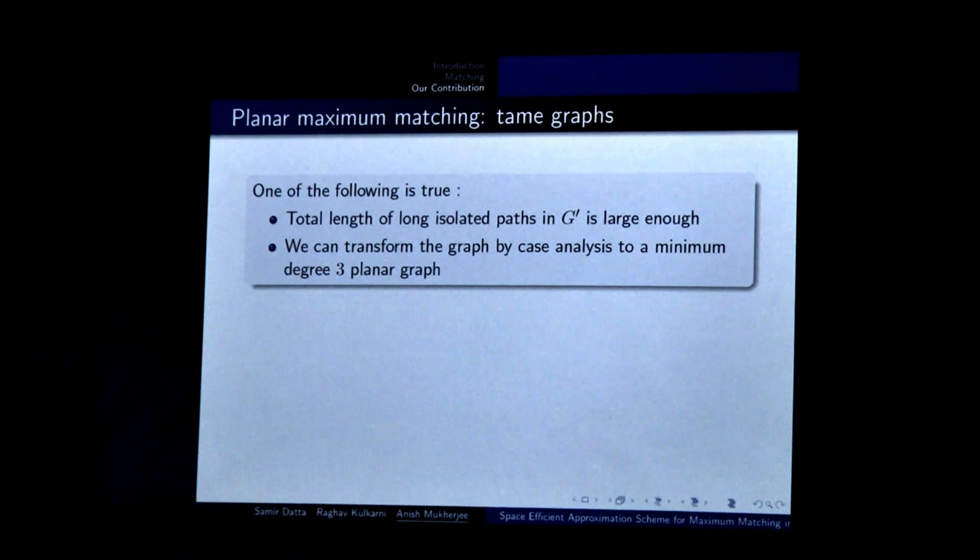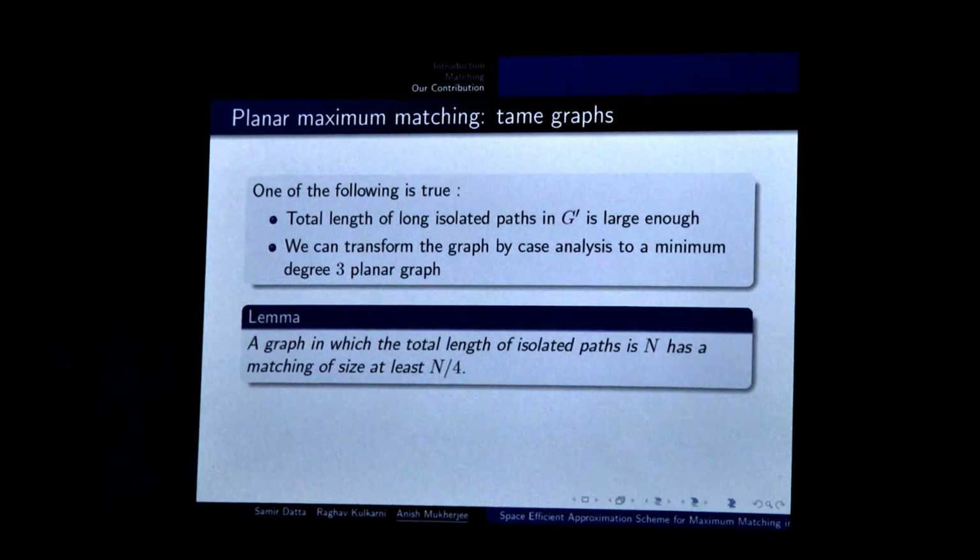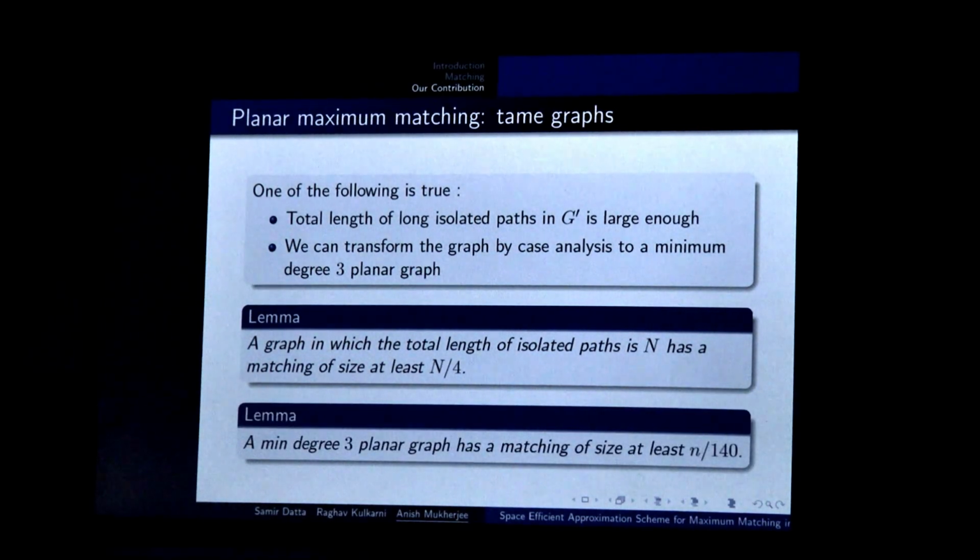In the first case, if there are so many isolated paths, you can just pick the vertices and it gives a linear size matching. And in the second case, we can show that a min degree 3 planar graph always contains a linear size matching. This actually was known from some previous work also.